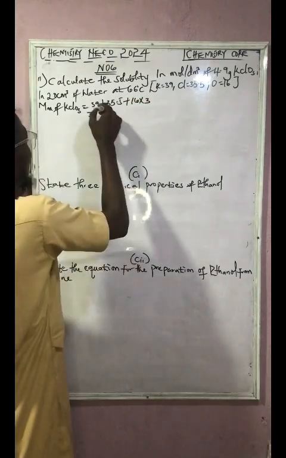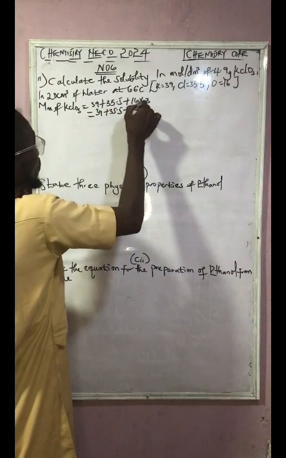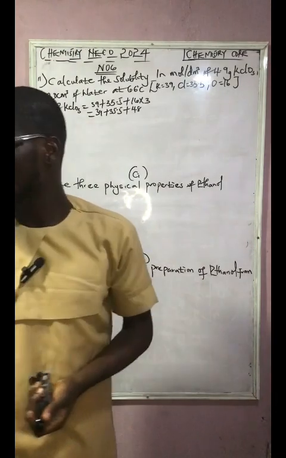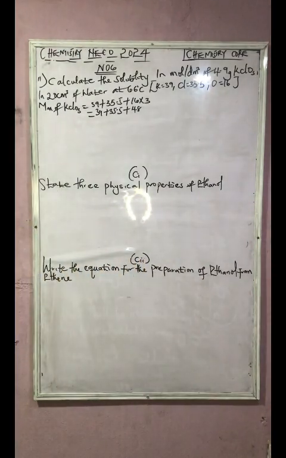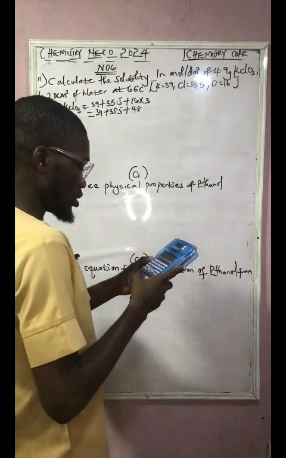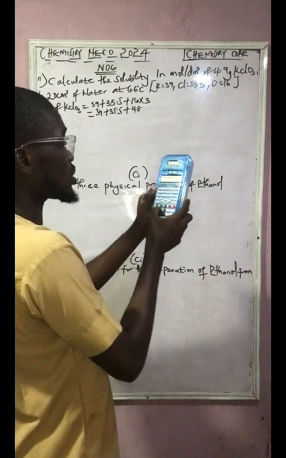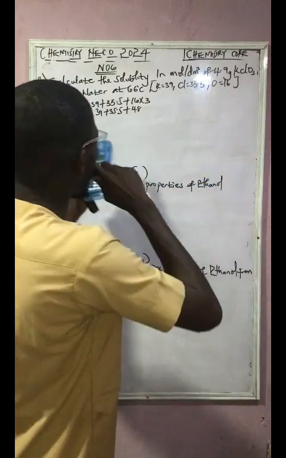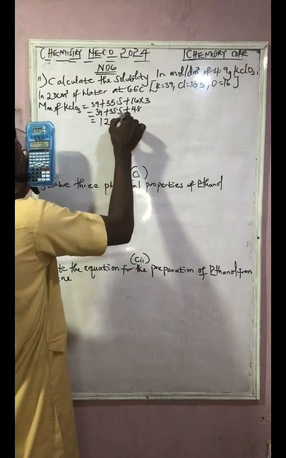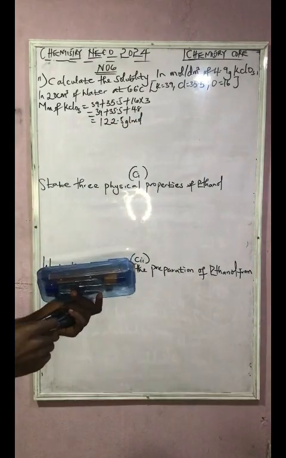So with that we have 39 plus 35.5 plus 48. So we have 122.5 gram per mole. So the next thing we want to take a look at is the volume.